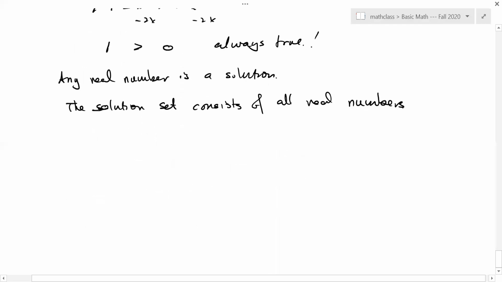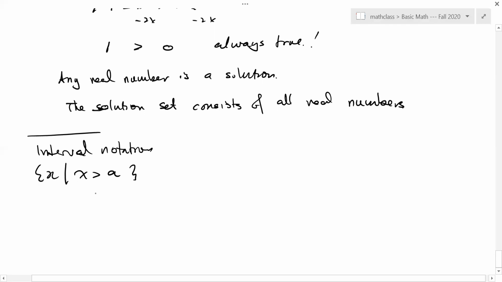All right, I want to talk about the interval notation. When x is greater than a, the set of x satisfying this inequality can be described as from a to infinity.